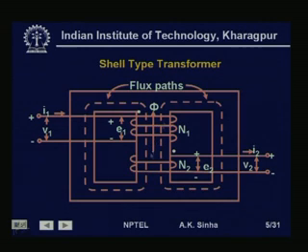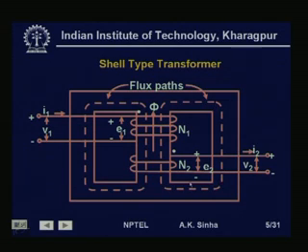Whenever we energize this winding with an alternating voltage, we set up an alternating current in the windings, which will produce an alternating flux, and this core provides a path for the alternating flux. Therefore, the core has to be of a magnetic material.